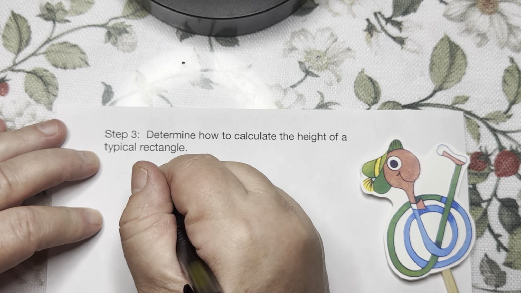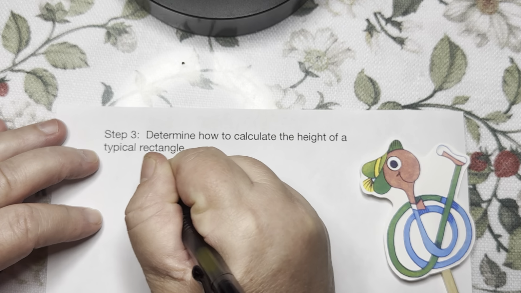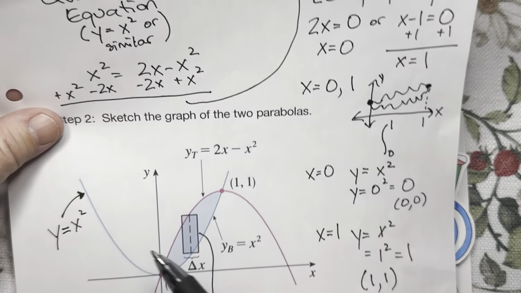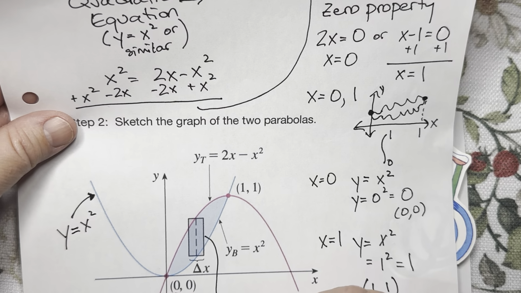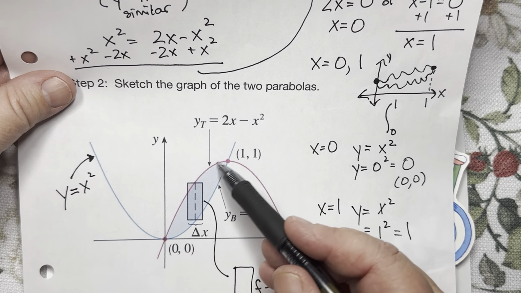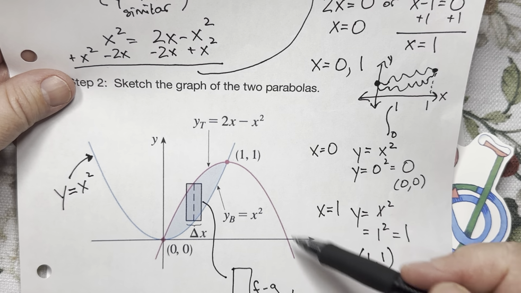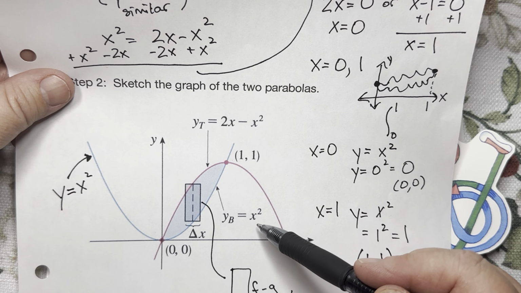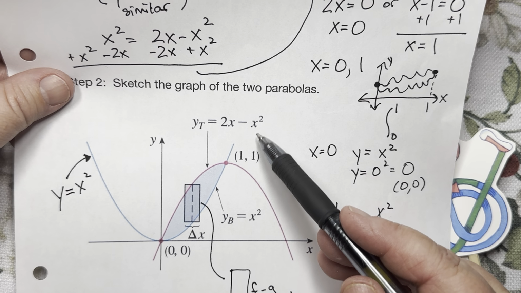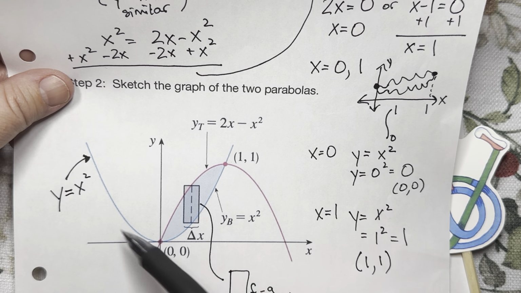So if we look at the rectangle and we go back to the graph, let me show you again. Who's actually the top function in this? The top function is the pink one. That's actually not x squared. That's the 2x minus x squared, interestingly enough. The bottom one is the one that opens upward. That's the x squared.